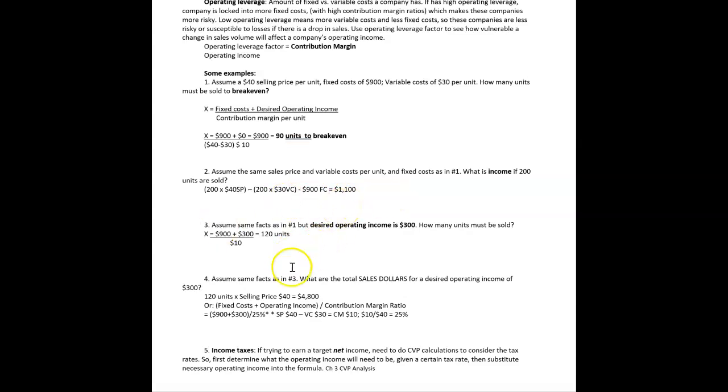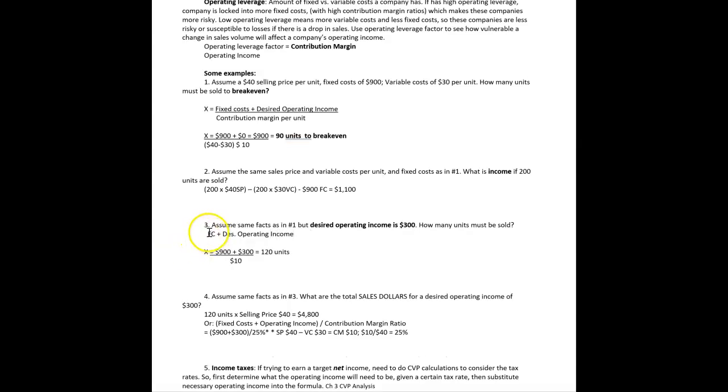Now this is another way to do it here. Assume the same facts as in one, but now we've got desired operating income of $300. Another way to do this, and the way we're really going to do it, is to take your fixed costs. I'm going to give us another line here.